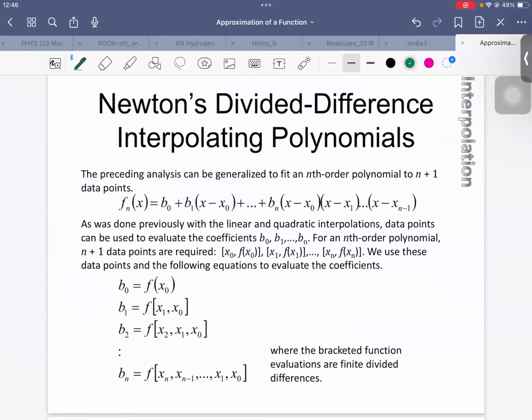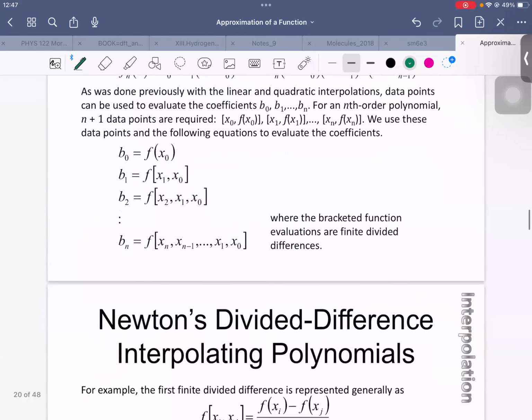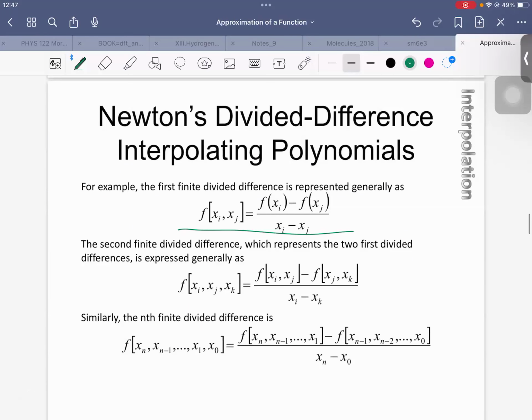Now, in general, you can have any degree of polynomial. The equations get longer, for degree 3, degree 4, degree 5, etc. But there's a pattern here, and you can generalize all of those equations.